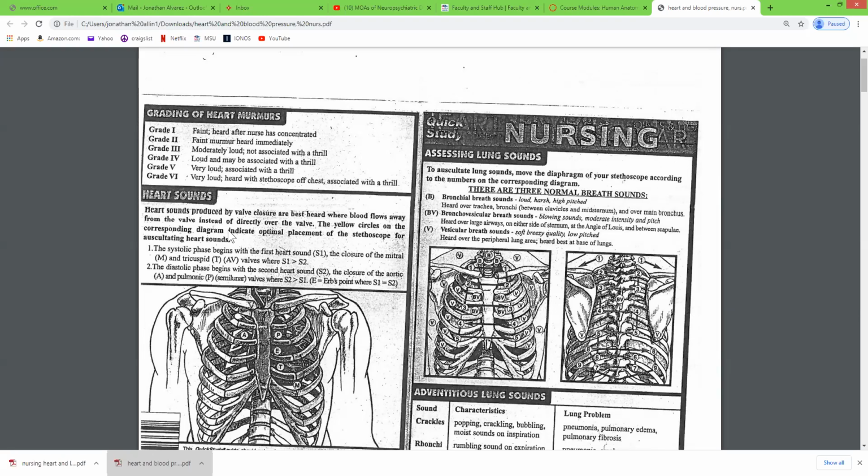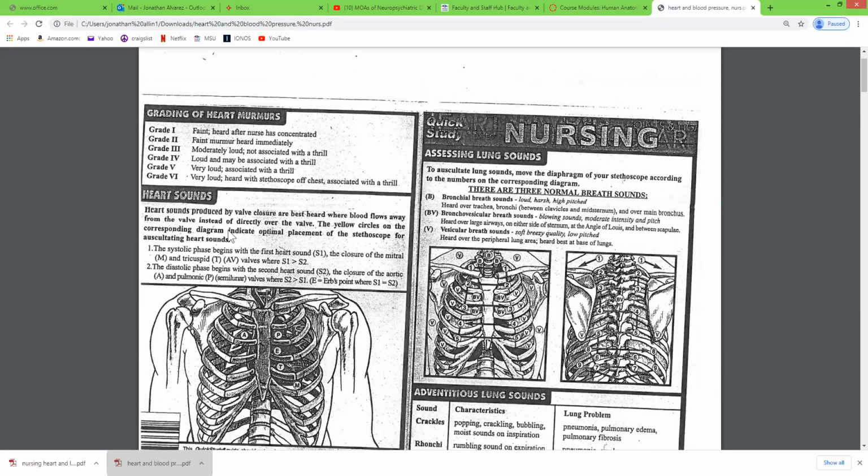Okay, we're not going to get into it right now. Down the road, you'll probably get into it in your clinicals, but there are more heart sounds than just S1 and S2 and murmurs. You have gallop heart sounds, S3 sounds, S4 sounds. That gets into the more advanced cardiology stuff.